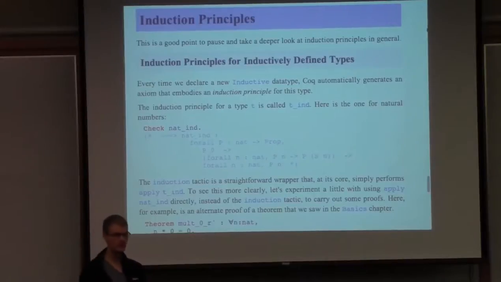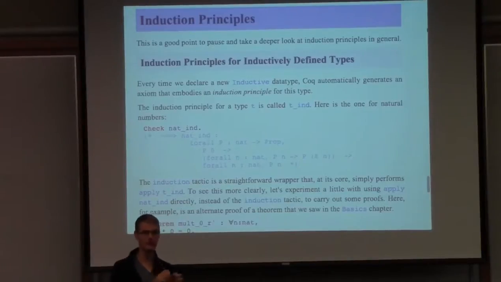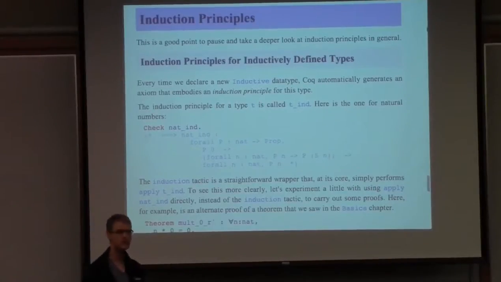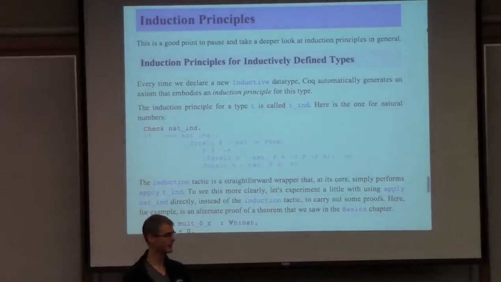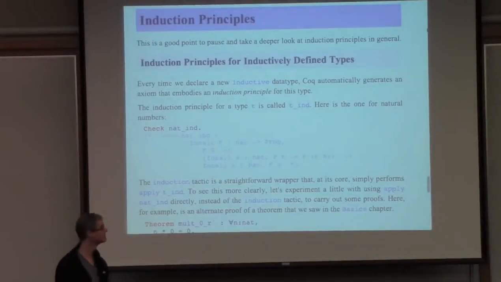So when you give an inductive definition, what gets defined is the constructors, which are axiomatic evidence for building elements of the inductive type, plus this thing, which is an axiomatic way of pulling apart, an axiomatic eliminator, if you want, for the inductive type.